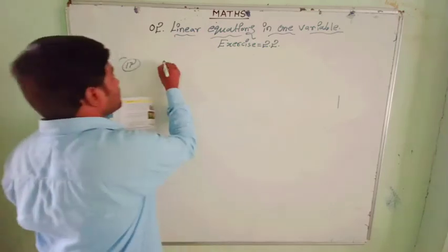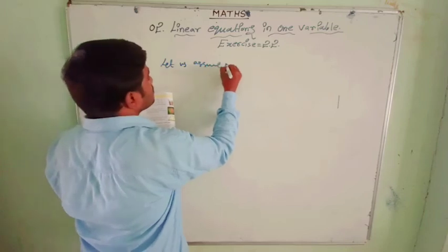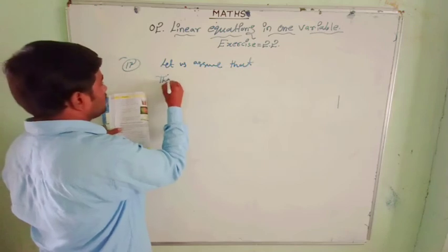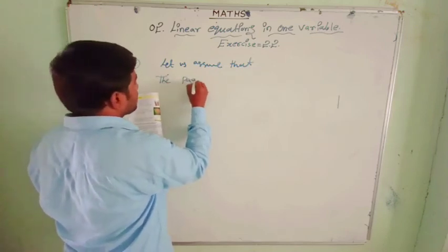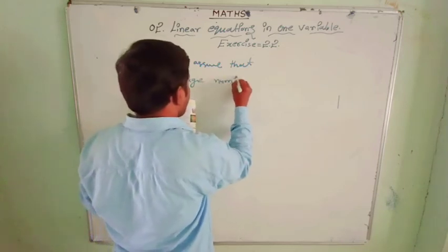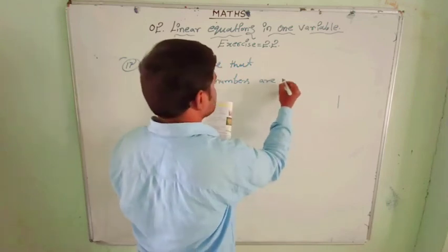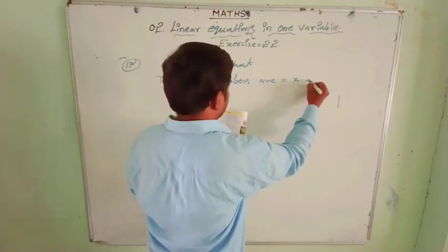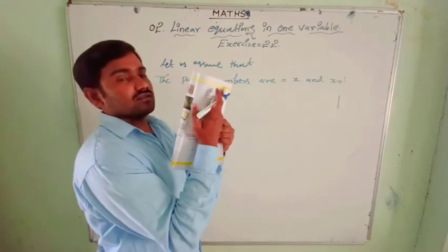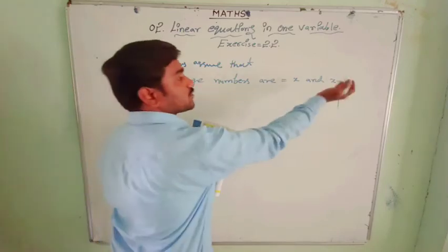So let us assume that the facing page numbers are x and x plus 1. Whatever the number here, this side is one more. If it is 40 here, this will be 41.